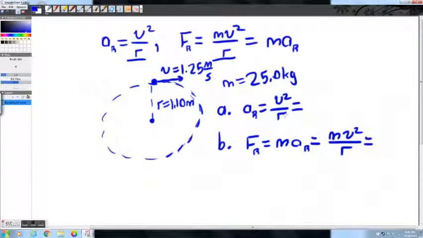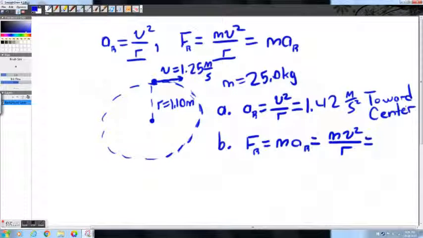For the centripetal acceleration we get 1.25 squared divided by 1.10, which is 1.42 meters per second squared, and we need to specify direction, because it is in fact a vector. Direction again is towards the center. Now we're going to multiply that by mass.